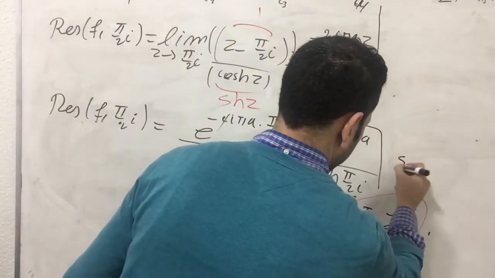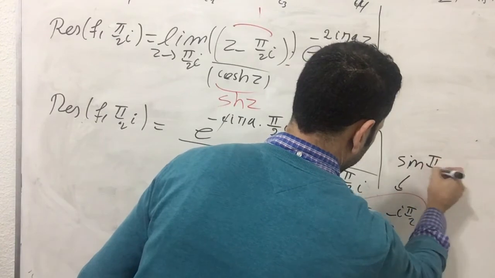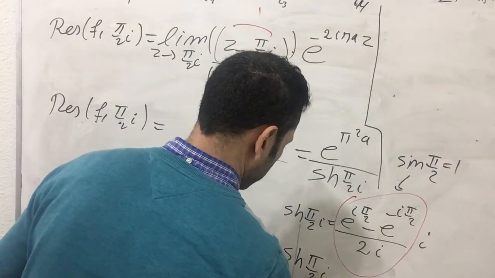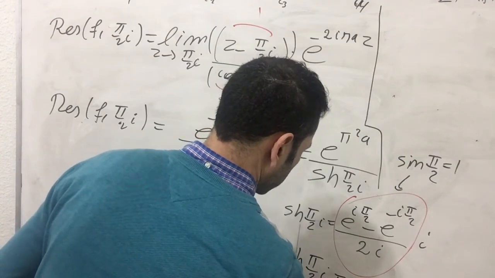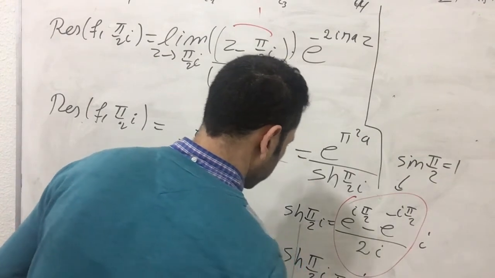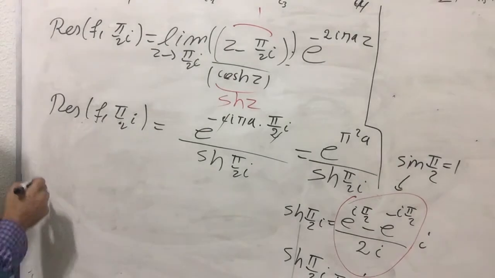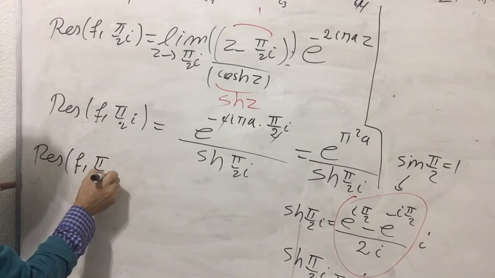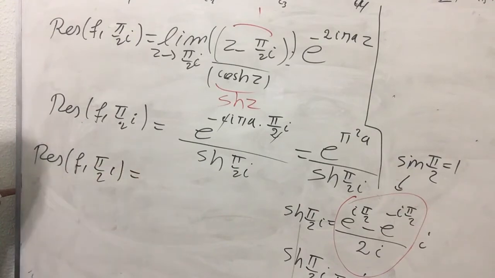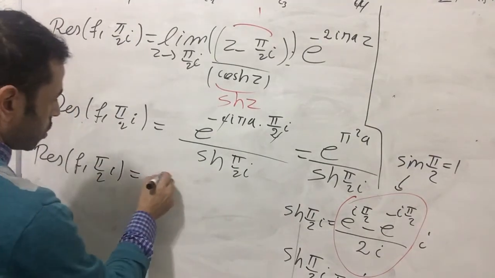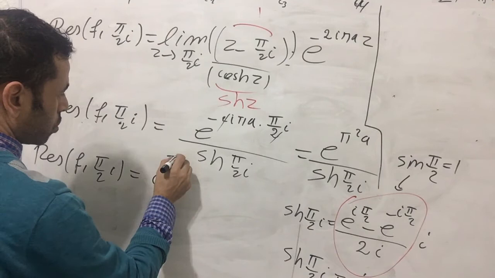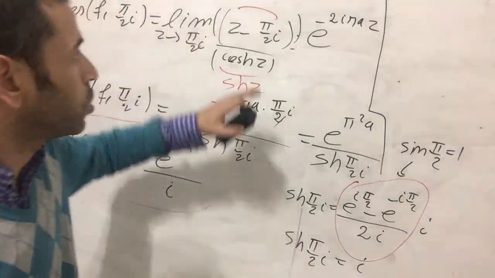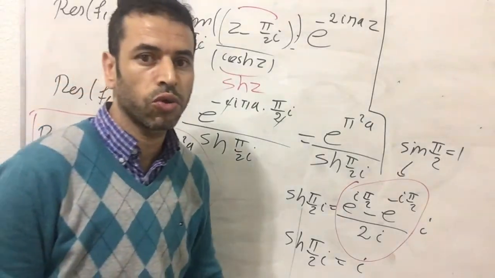This term is the sine of pi over 2, which equals 1. So the sine hyperbolic function of pi over 2i equals i. So the residue at pi over 2i gives us e to pi squared a over i. Now I'm going to plug all this information into the expression to see the result of this integral.